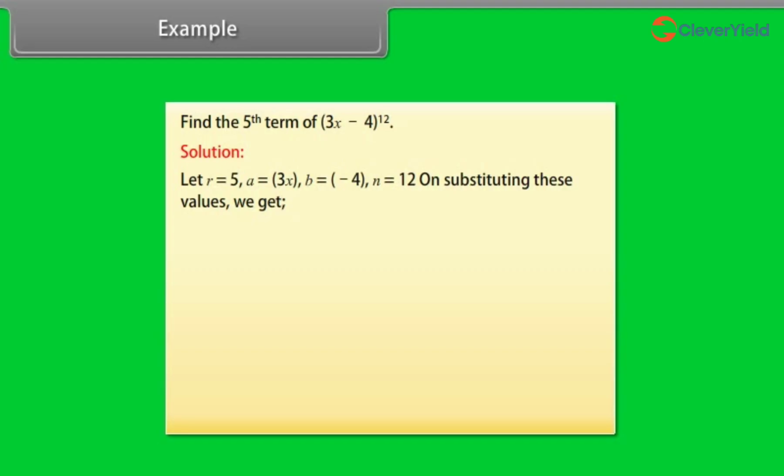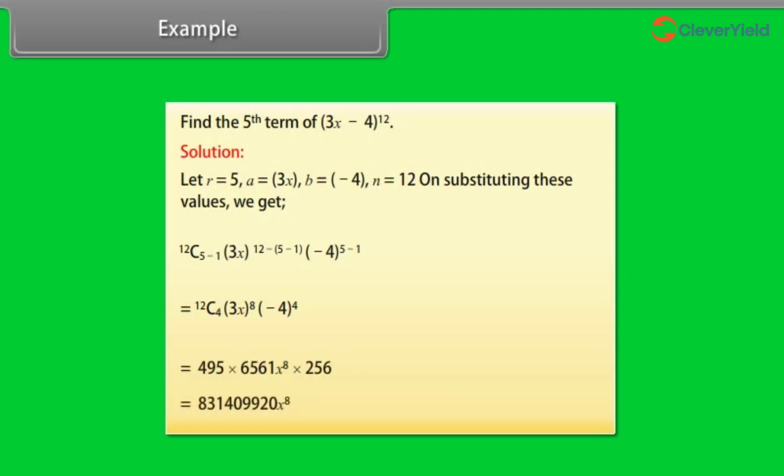On substituting these values, we get 12C(5−1) into (3x) raised to the power 12 − 5 + 1 into (−4) raised to the power 5 − 1, which is 1409920 into x raised to power 8.